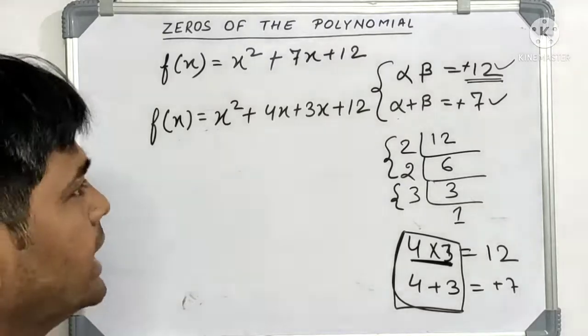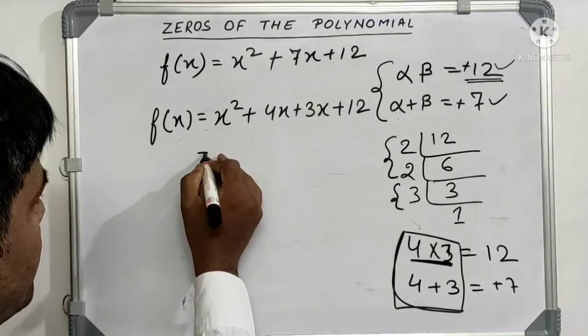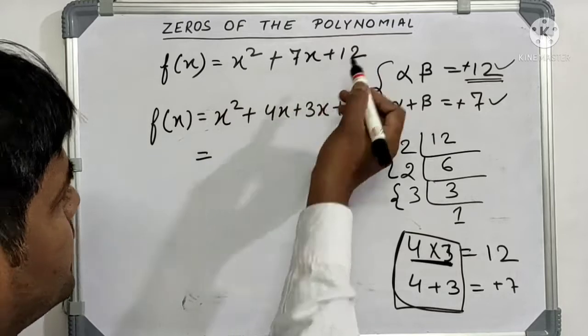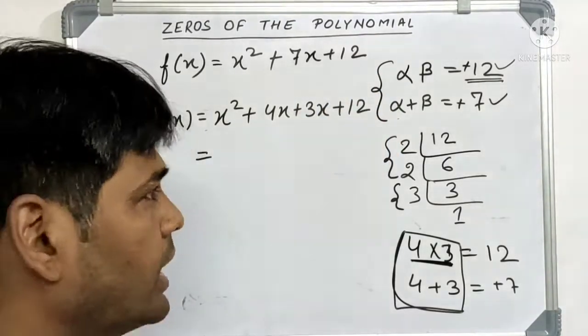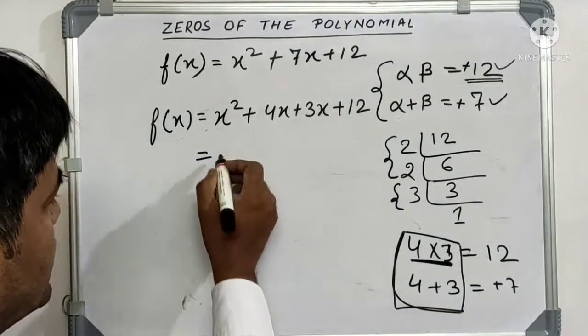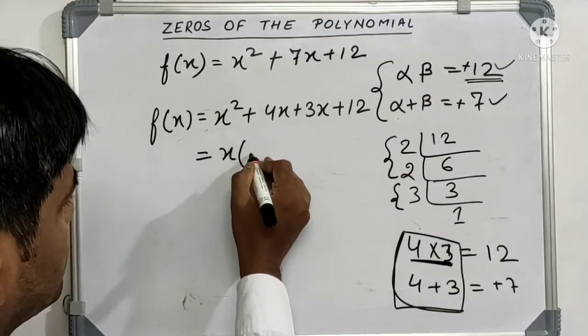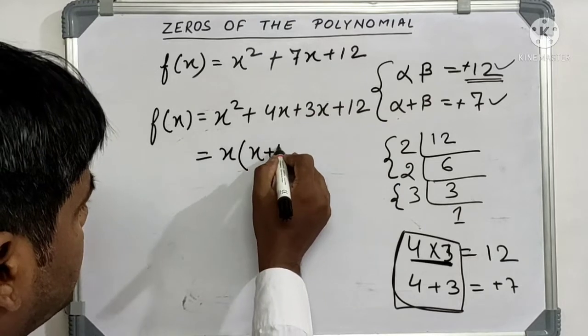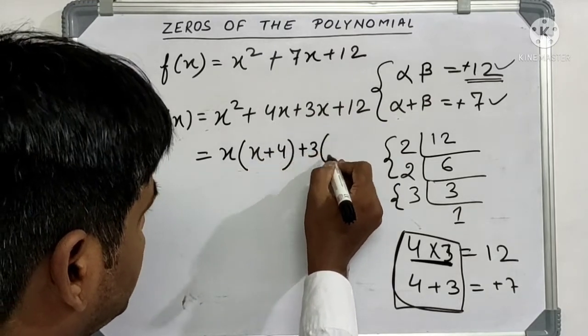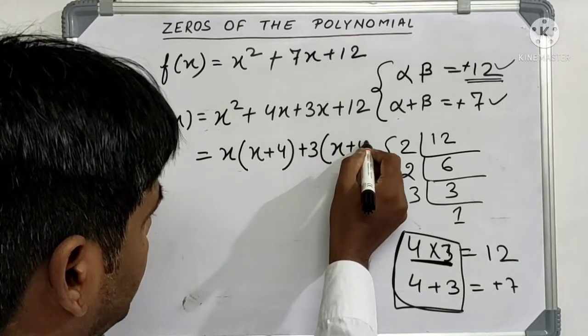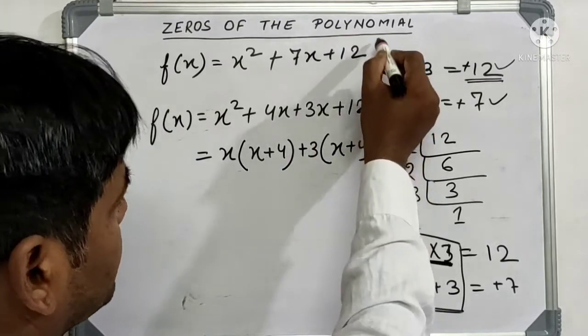Hope you would be connecting with this, and then we have to split it. Now since there were 3 terms and now here we are having 4 terms, so we can group these terms into pairs and then we can find out the zeros of this. X taken out as common, then we will be having x plus 4 here, and then again I am going to take 3 as common, which will give me x and 4 at this end.